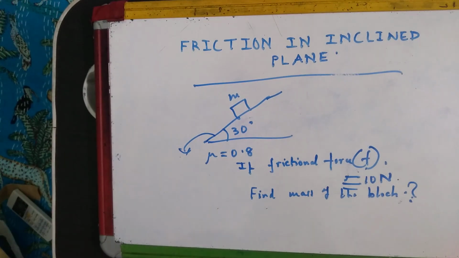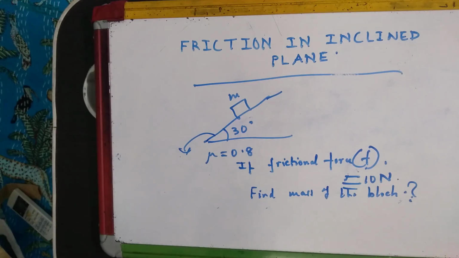These are exactly the questions where a lot of students may get confused and start using mu equal to 0.8. Remember that the limiting friction is applied only, as I told just a few minutes back, when the body is about to make relative motion with the surface in contact. In this question, the body is at rest at 30 degrees. We do not know whether it is the angle of repose.